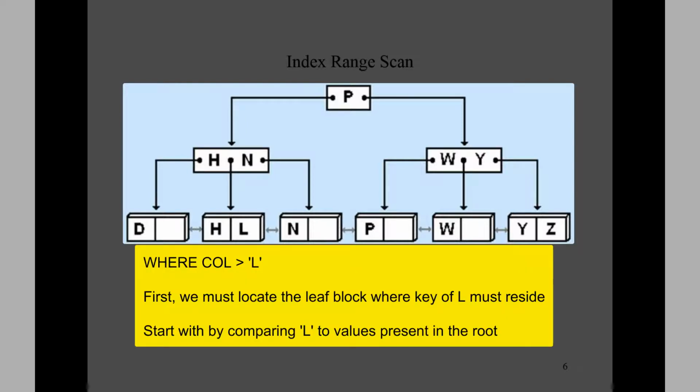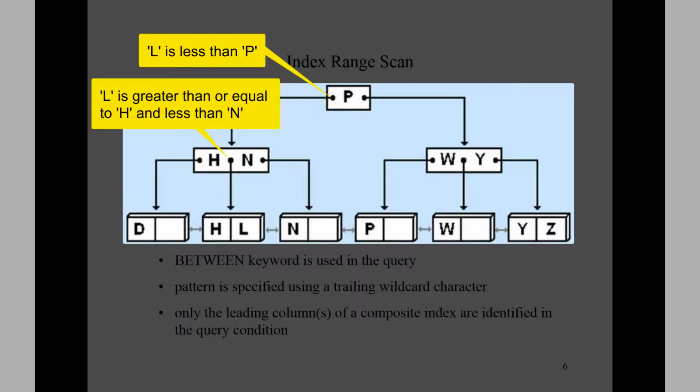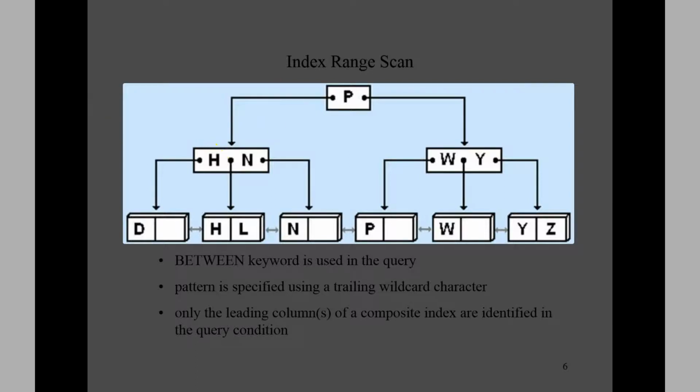So if we have a predicate where some column is greater than some value, then we compare that value against what we find in the root node. Then we determine which vertical pointer will be followed as we move downward in the tree structure. Finally, we get to the leaf node where the key value would be found.